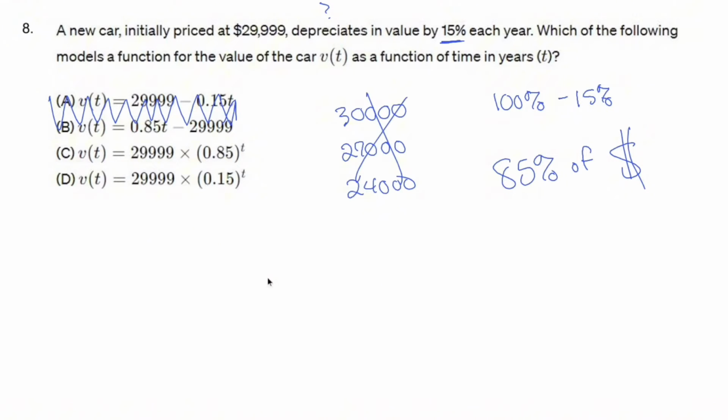So we're going to take our initial value and multiply it by 0.85, and we're going to repeat the process every t years. So that after 2 years, we do 29,999 times 0.85, whatever that number is, times 0.85 again. You're going to take 85% of the new price after every single year.